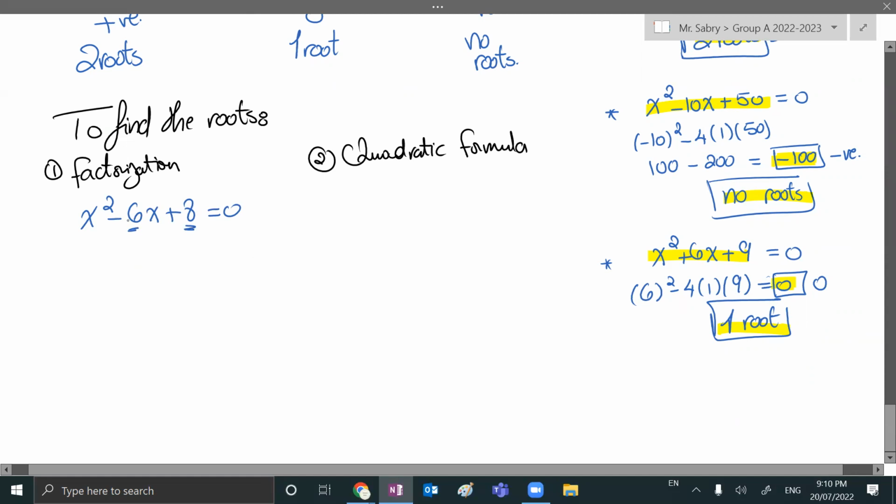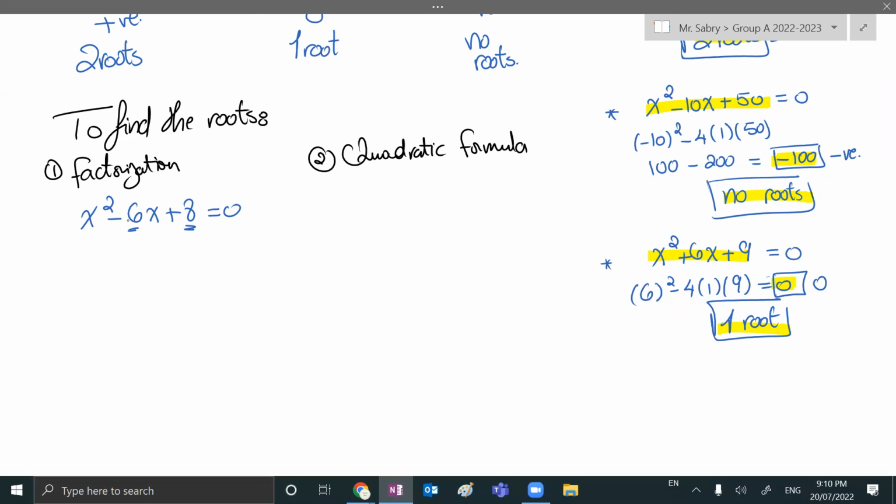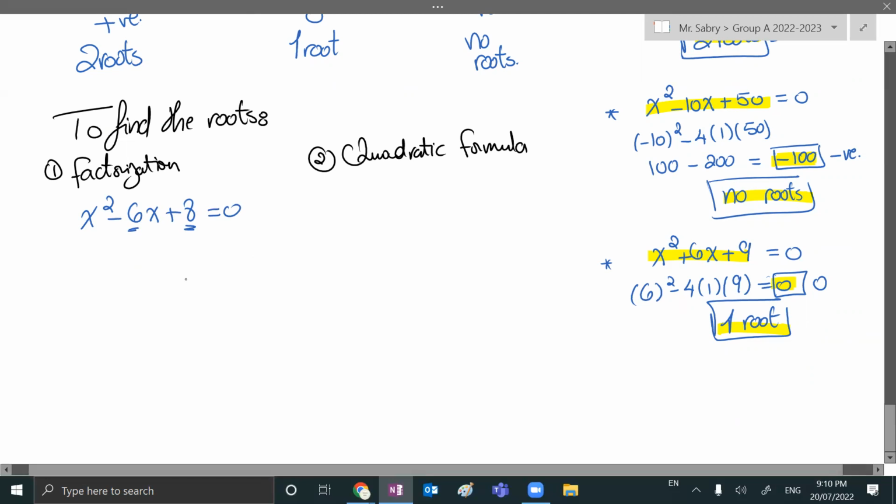So you ask yourself, what 2 numbers could be multiplied so their product would equal 8, and then their sum at the same time would equal 6? So you open up 2 brackets, you put the 2 x's. Apparently 2 times 4 will give me 8, and 2 plus 4 will give me 6. So I'll put the 2 here and I'll put the 4 here.